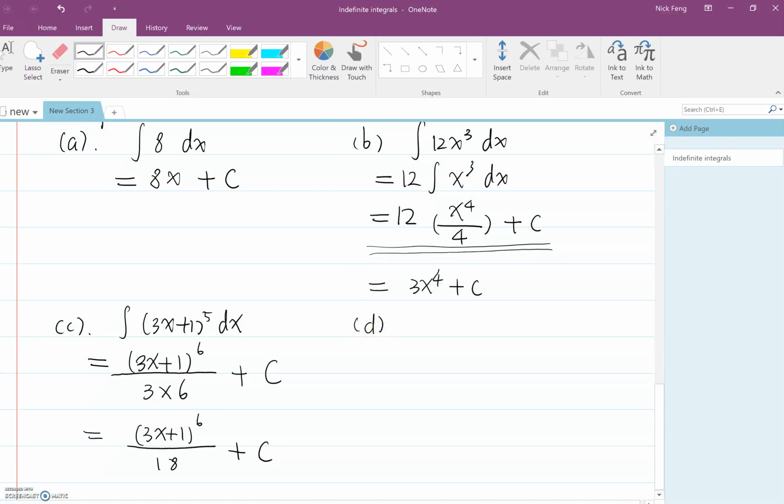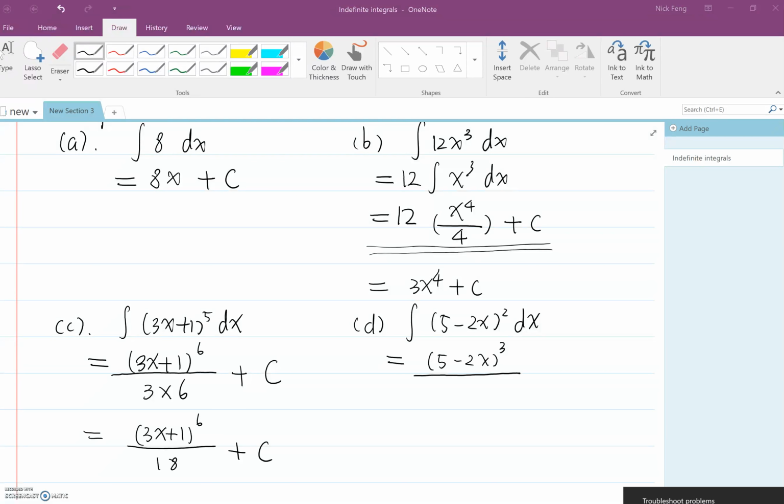Part D. Next one, we would have 5 minus 2x all squared dx. Now in this case, it's exactly the same. We would perform integration as usual. Make it a 3. And the bottom is whatever the coefficient of x multiplied by 3. But the coefficient of x is negative 2 in this case.